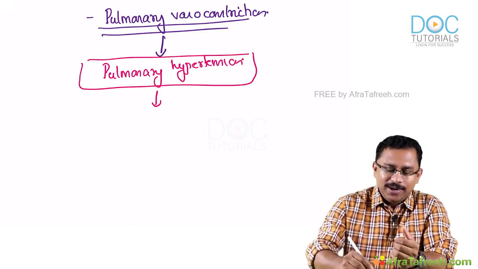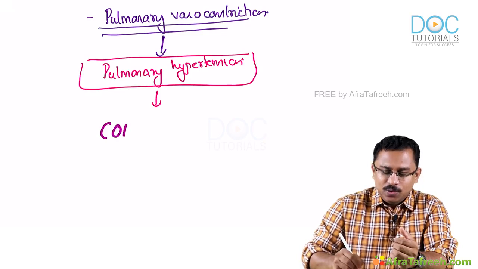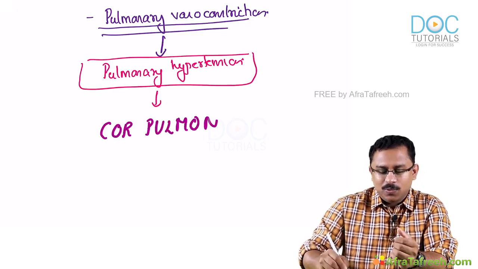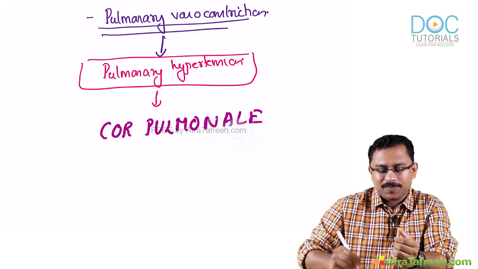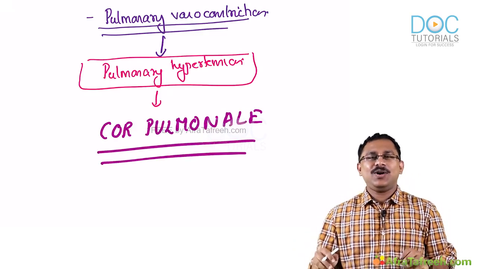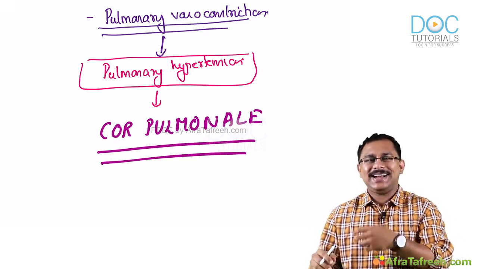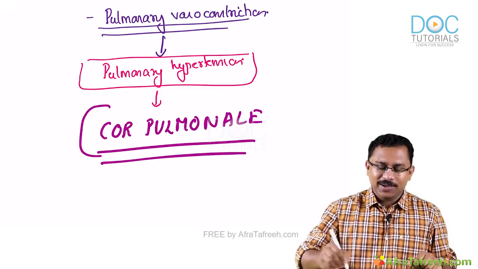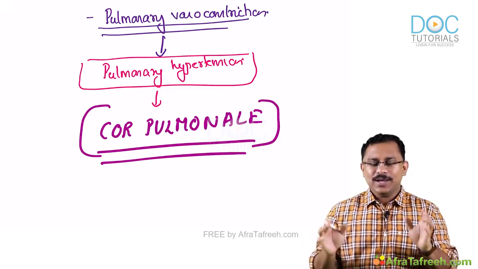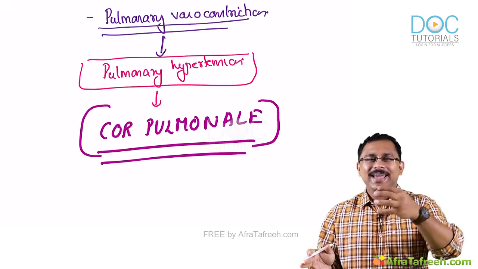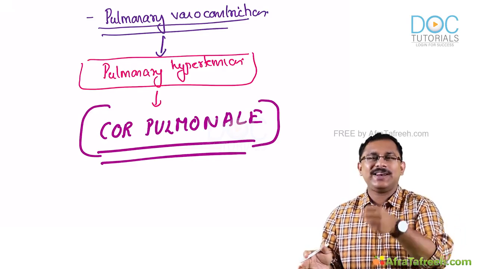Now, long-standing pulmonary hypertension in an individual with emphysema will lead on to another problem, that is your cor pulmonale. There is a right ventricular dilatation and dysfunction happening, and there will be a cor pulmonale. So are you very clear on what has happened in this patient with emphysema as the disease progressed?